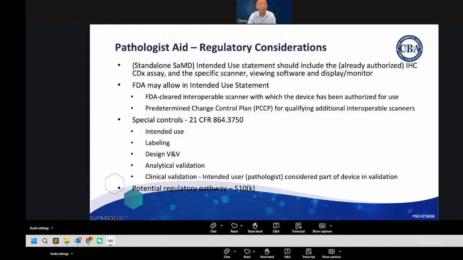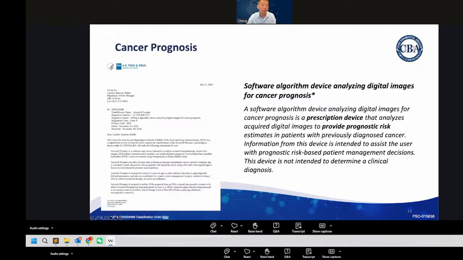And FDA may apply the special controls, which is under 21 CFR 864.3750, to include certain information in the labeling and also in the pre-market application for the FDA to review. I just listed the requirements here. You can look up the special controls for such devices. And typically, the regulatory pathway in the US is a 510(k), so it's a class 2 device.